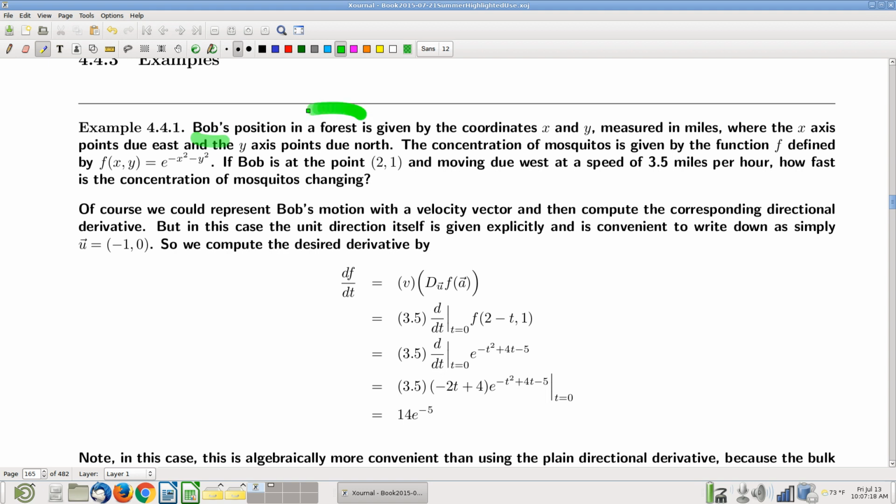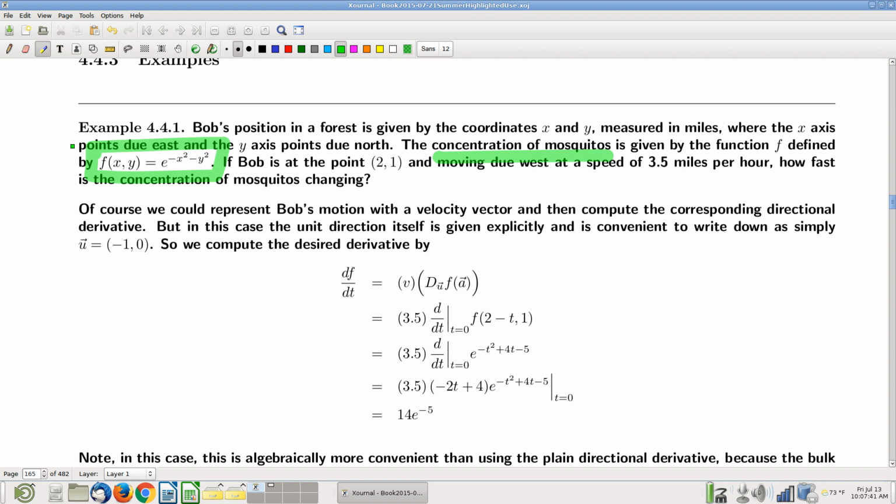We find ourselves in a forest, and there are, sadly, lots of mosquitoes. Let's suppose that we know a formula for the concentration of mosquitoes, how many mosquitoes per unit volume of air are flying around. Maybe the function looks like this. This would actually be kind of plausible.